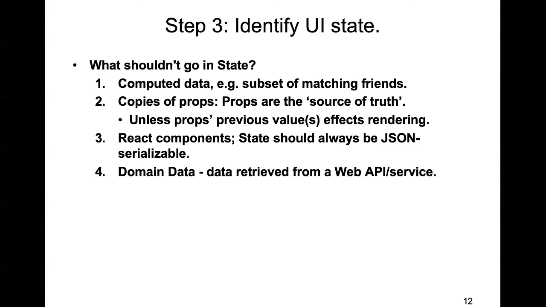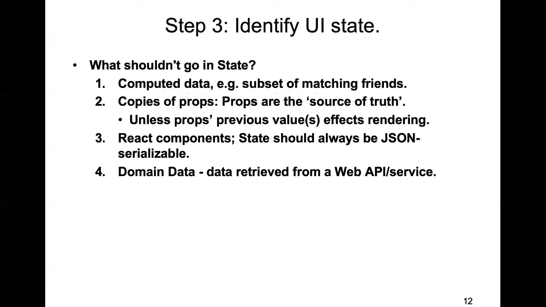Now, number 4 actually seems unusual because I have broken rule number 4 myself already. I'm saying domain data should not be stored as a state variable. Domain data is the data that you receive from your web API. We could also refer to it as model data. If you remember the model view controller pattern, the M part of that.